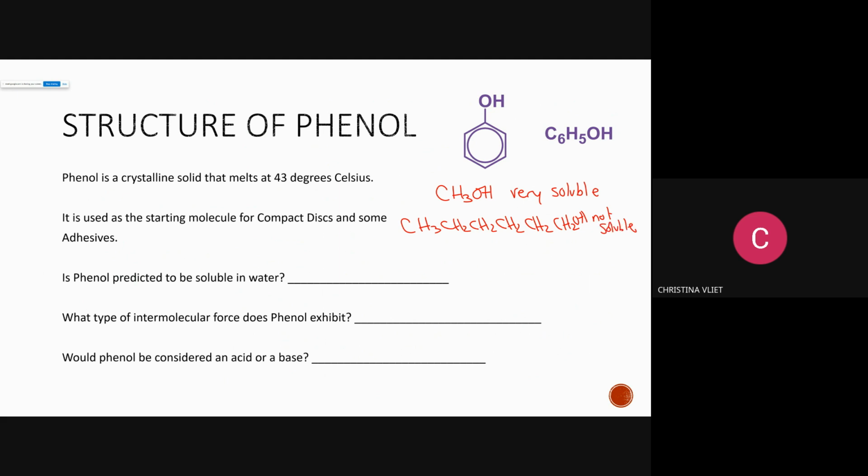1, 2, 3, 4, 5, 6. It actually turns out for every one group that hydrogen bonds, it can only be soluble in water for up to 5 carbons. This is just something I know from biochemistry. It helps you analyze very large molecules to see if they're soluble in water or not, and that works for medicine. So for large molecules, every one hydrogen bond will be soluble in water for up to 5 carbons.